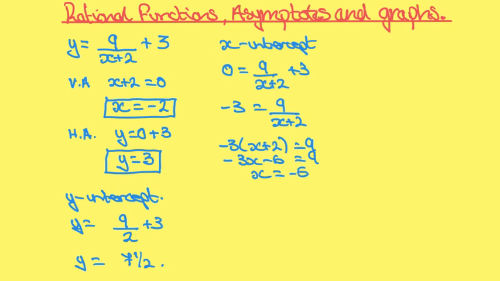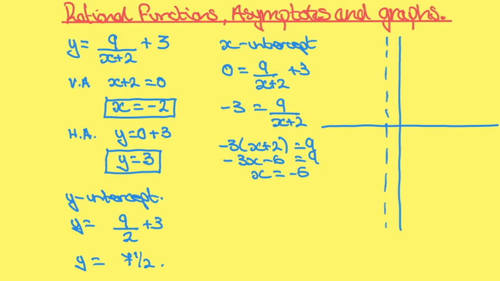We can now go and graph our function from all the information we've been given or found out. So let's draw our axes. Let's draw in our vertical asymptote, x equals minus 2, and our horizontal asymptote at y equals 3.